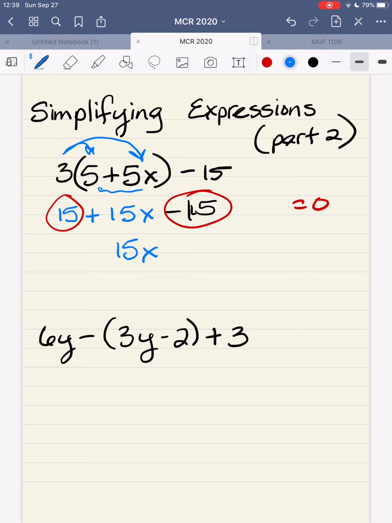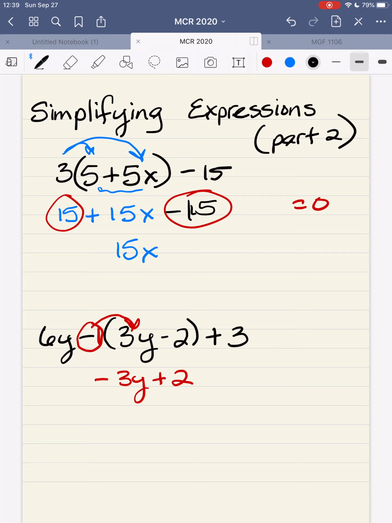Okay. Looking at the second one, I have a distribution of just the minus sign. Remember, when I have just the minus sign, I can think of it as a -1 being distributed through. So I have a -1 times a positive 3y, which will give me a minus 3y. And a -1 times a -2 is going to give me a positive 2.